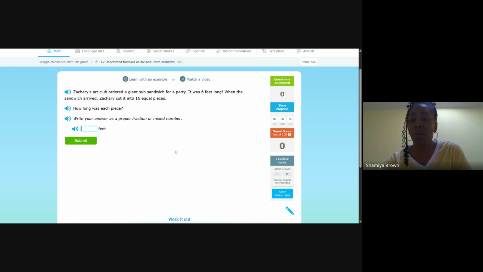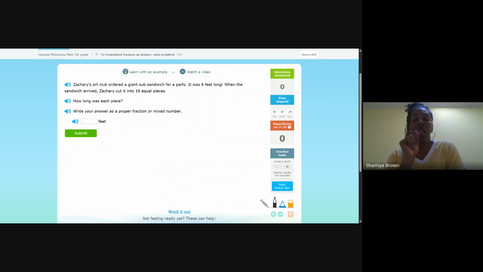Okay, so let's think about what they're telling us. His art club ordered a giant sub sandwich for a party, and the sub sandwich was 6 feet long. When the sandwich arrived, he cut it into 16 equal pieces. So one sandwich was cut into 16 equal pieces.